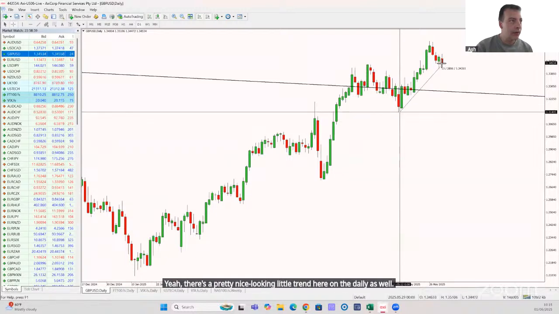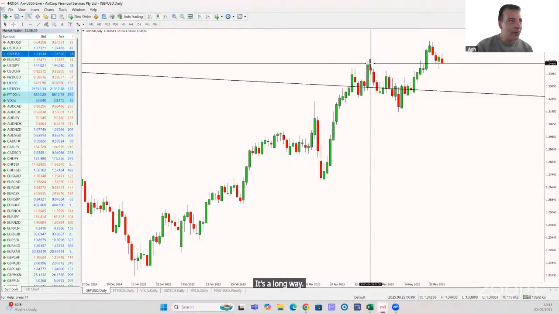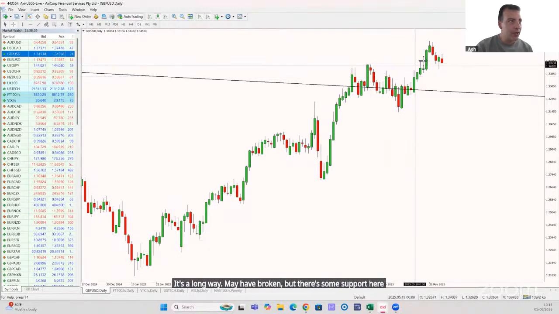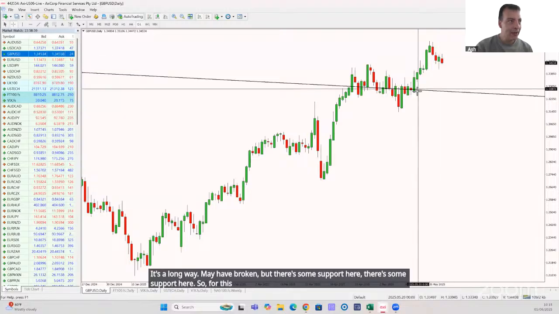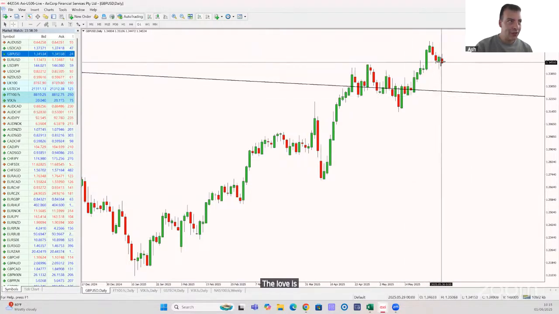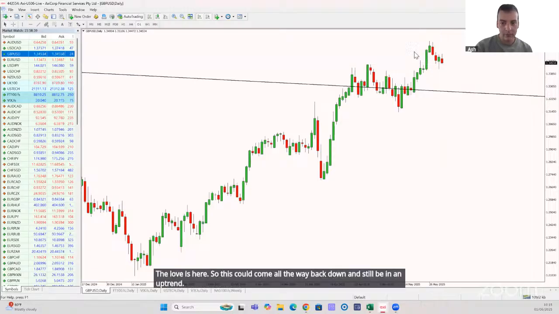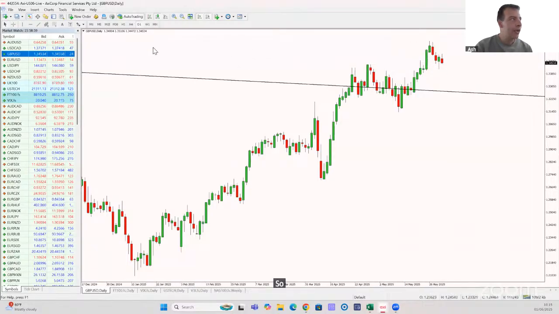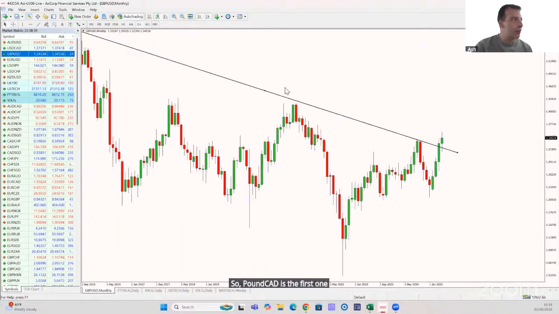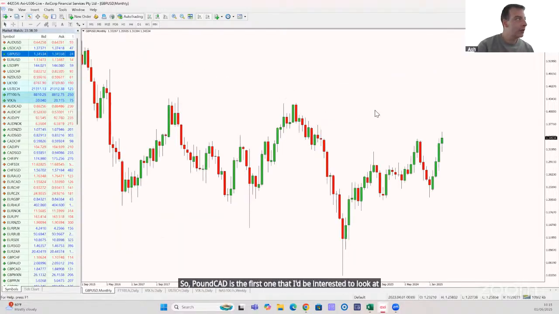It may have broken, but there's some support here. For this particular pattern, the low is here, so this could come all the way back down and still be in an uptrend. So pound CAD is the first one that I'd be interested to look at next week.